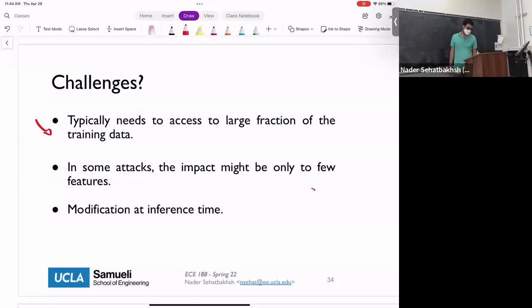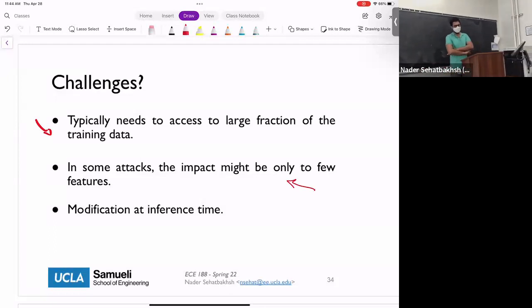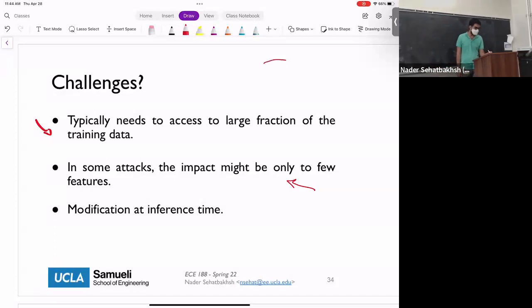Another challenge is that although you change things in your image or in your data, whatever it is, the actual features that are going to be used for the model could be only a very small subset of those features, because you never know which features are being used by the machine learning system.